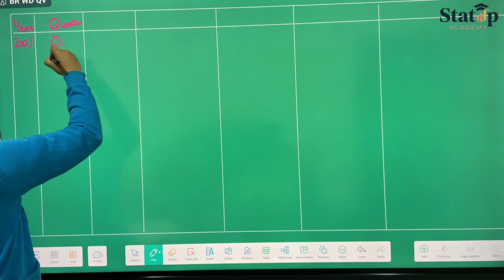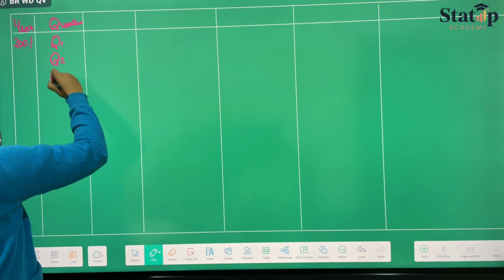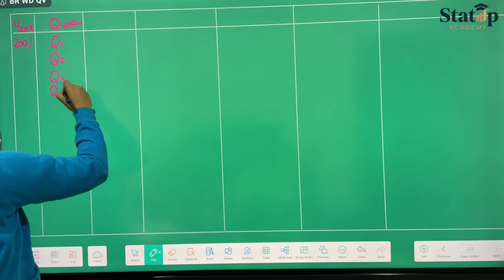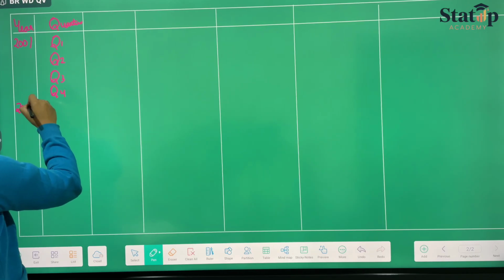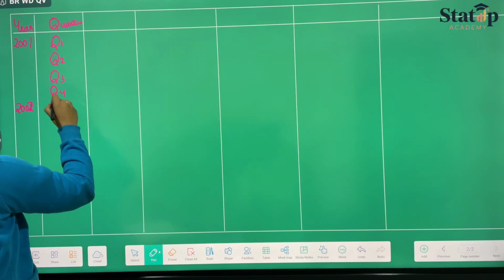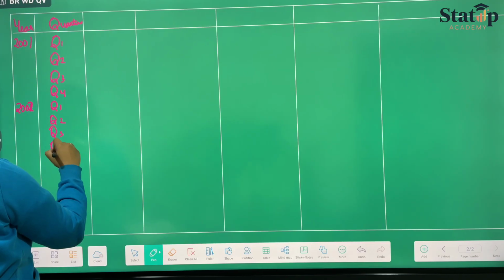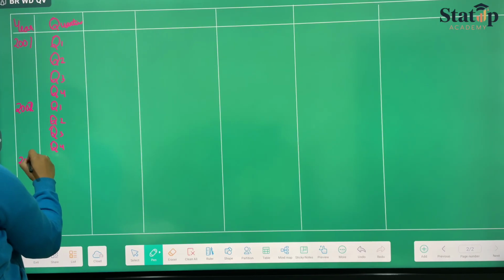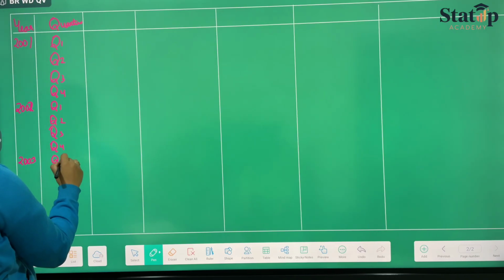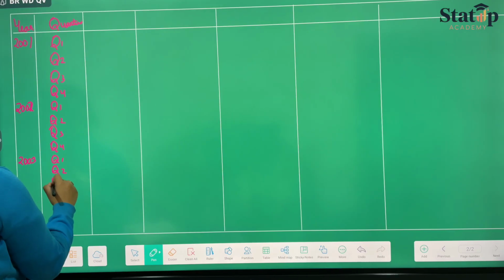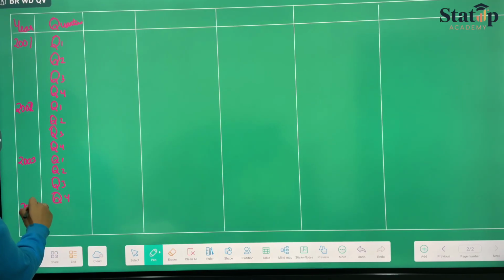Quarter 1, quarter 2, quarter 3, quarter 4. 2002, quarter 1, quarter 2, quarter 3, quarter 4. 2003, quarter 1, quarter 2, quarter 3, quarter 4. And 2004, quarter 1, quarter 2, quarter 3, and quarter 4.